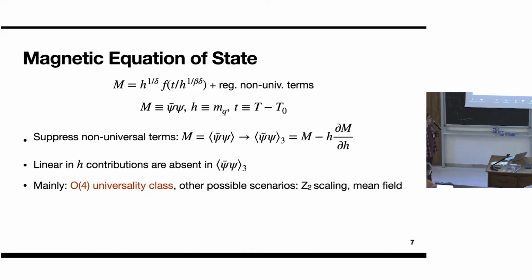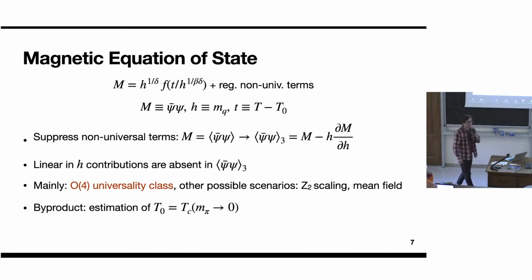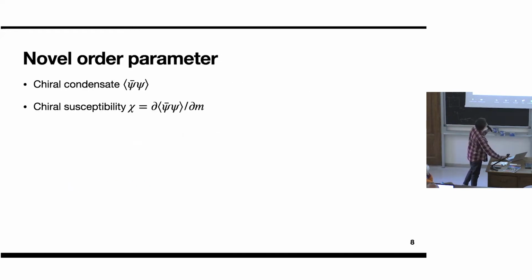Also, I will briefly discuss other possible scenarios, Z2 scaling and the mean field behavior. As a byproduct of this study, I will also provide some estimation of the critical temperature in the chiral limit, and it turns out that it is quite robust with the predictions of various scenarios.